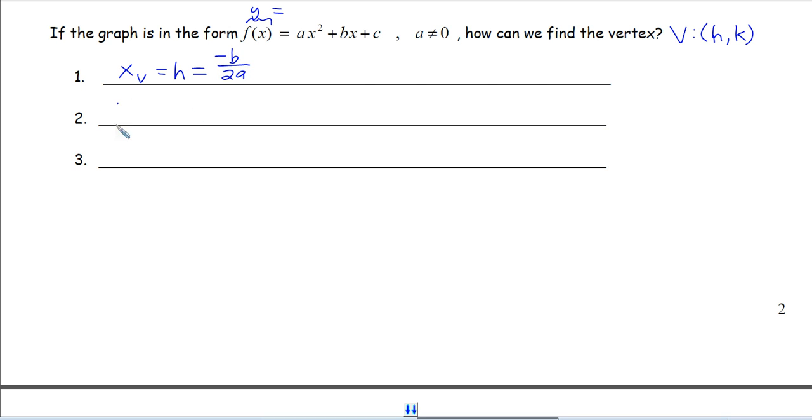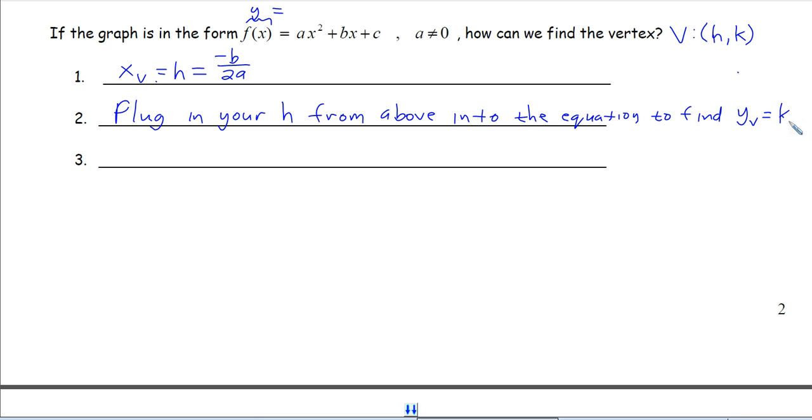Then what do we do? Well, we can plug the result in. Plug in your h from above into the equation for your x's, to find the y value of the vertex.